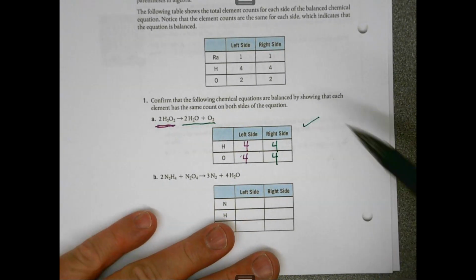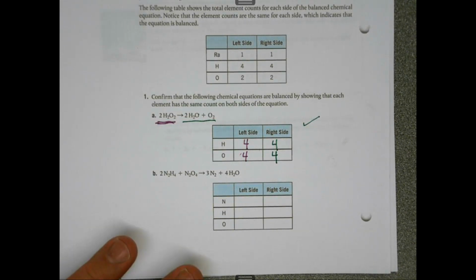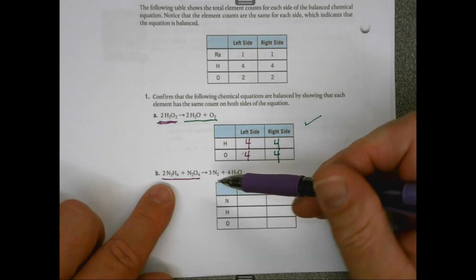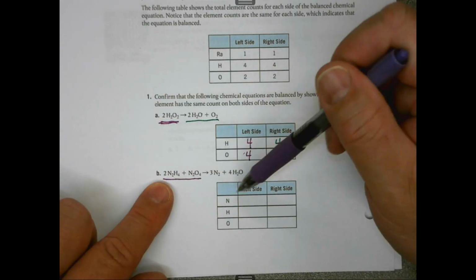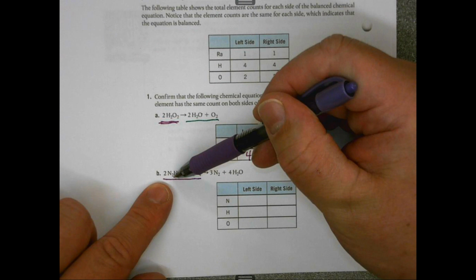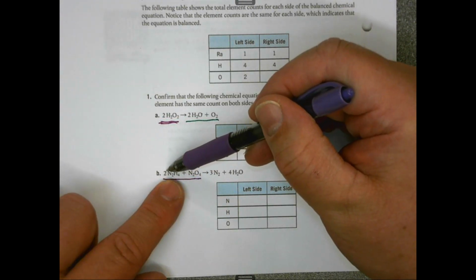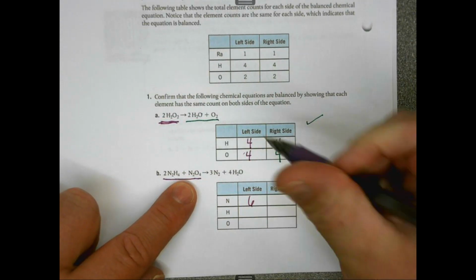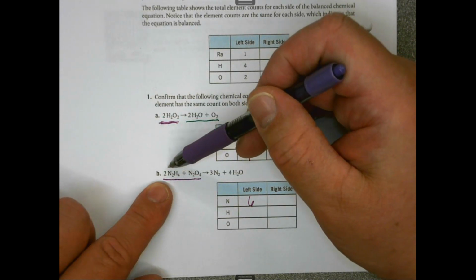This one looks a little more complicated. Let's see. Looks like we've got nitrogen, hydrogen, and oxygen. So nitrogen, let's say I've got subscript 2, so it gives me 2 of the N's, times 2 is 4, plus another 2 here, so that's 6. Hydrogen, we've got 4 hydrogen, times 2 is 8, that's it. And then no oxygen there.